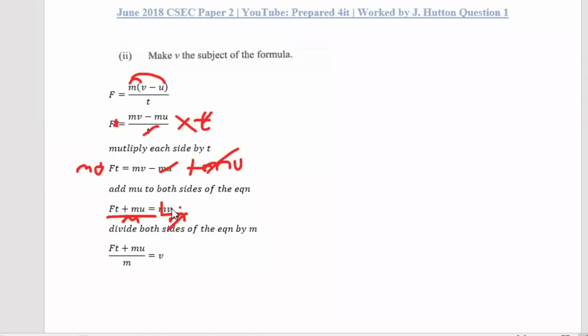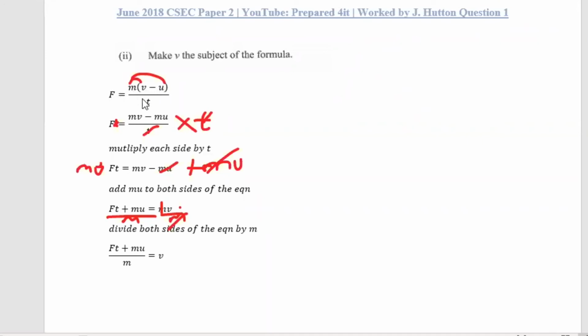Because when you rework to make f the subject of the formula again, what they did right here was to factorize basically. When you rework from what you got to make f the subject, you will not get f is equal to m times v minus u.